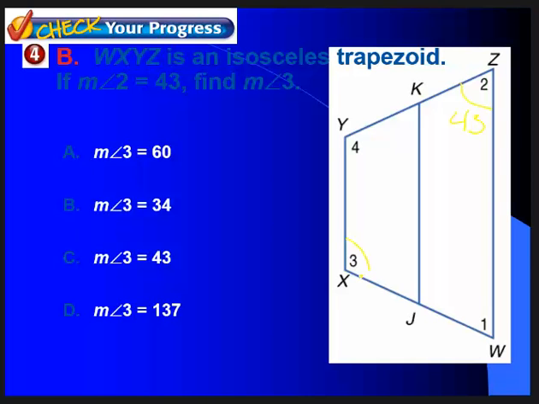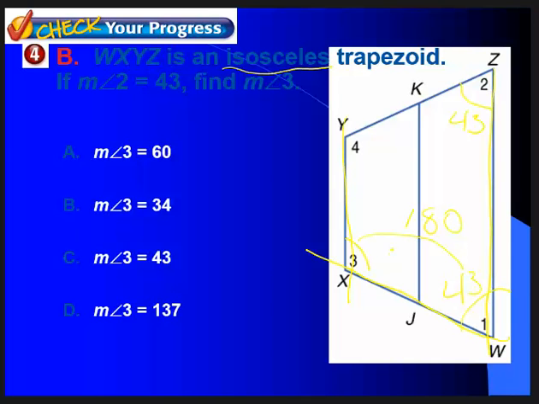Think about it. What do we know in an isosceles trapezoid? We know that base angles are congruent, so that means angle 1 is 43. Now, because we have two parallel lines being cut by a transversal, here we have consecutive or same side interior angles that are supplementary.